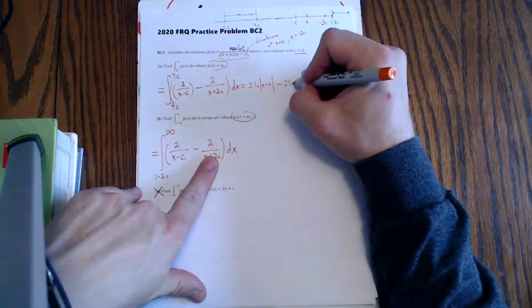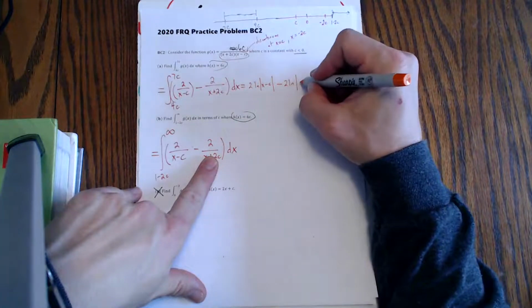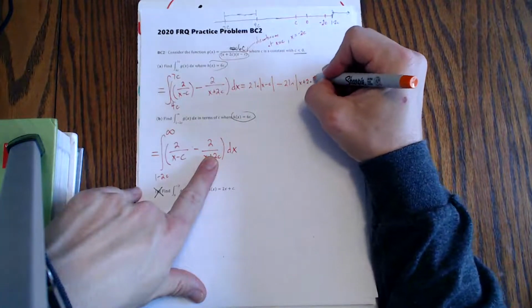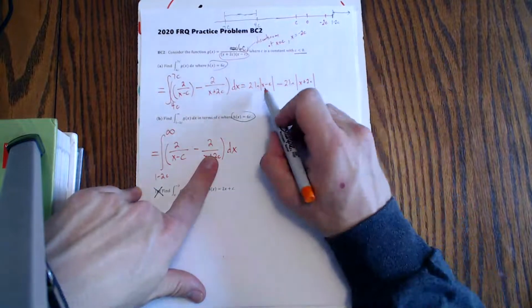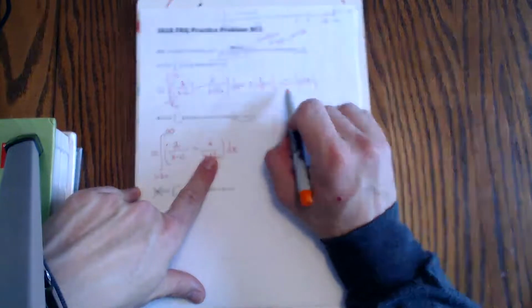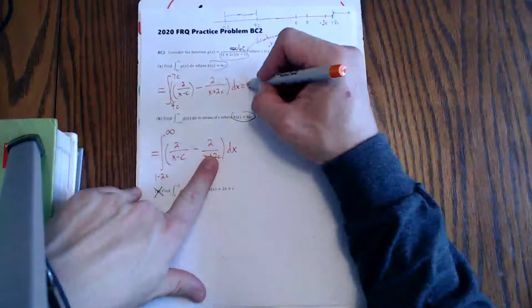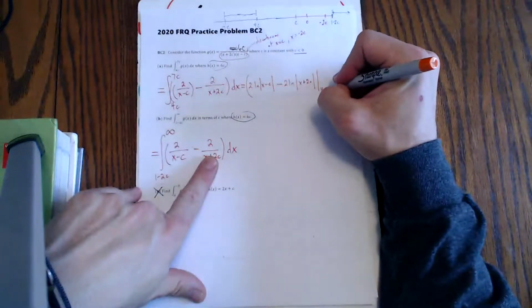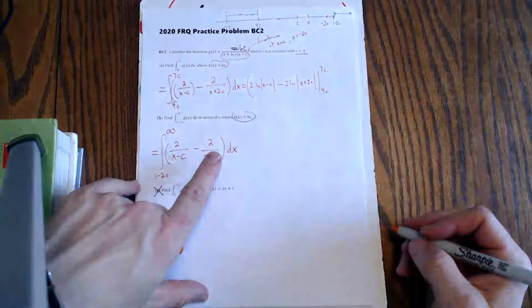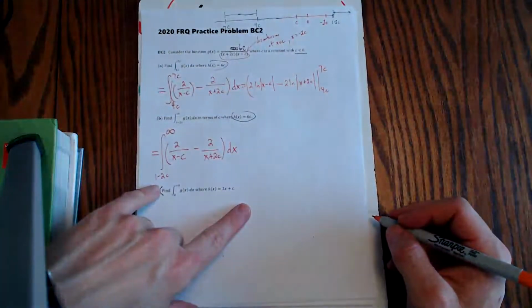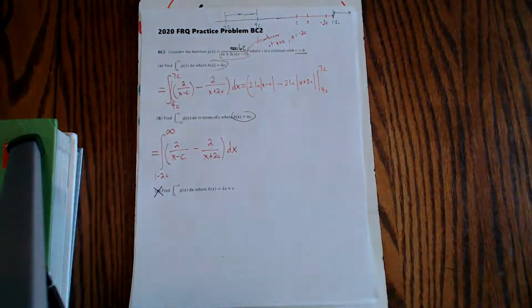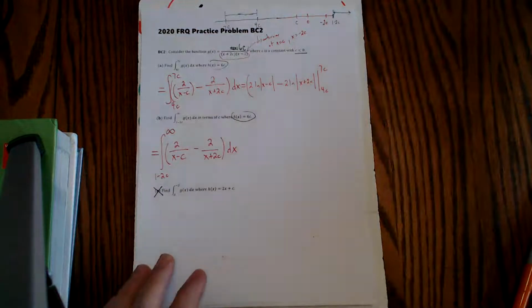Same for 2 over x plus 2c. The derivatives of the inside of both of those are 1, so no need for any adjustment. And this is going to get evaluated from 4c to 7c. The evaluation might get a little sticky, so why don't I go over to a whiteboard to finish this off?